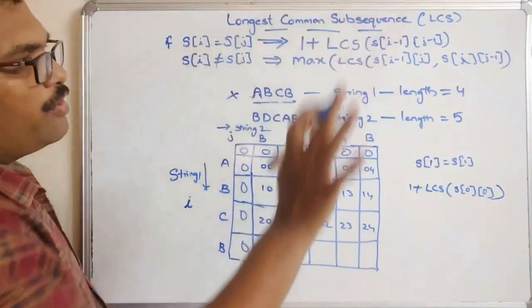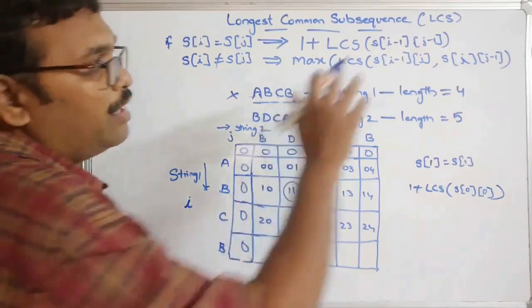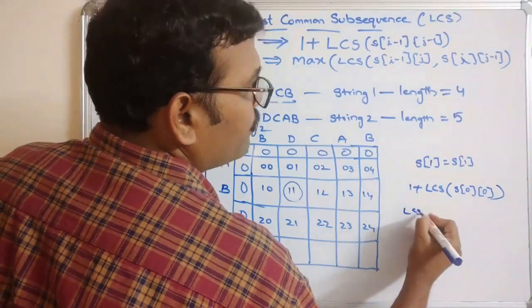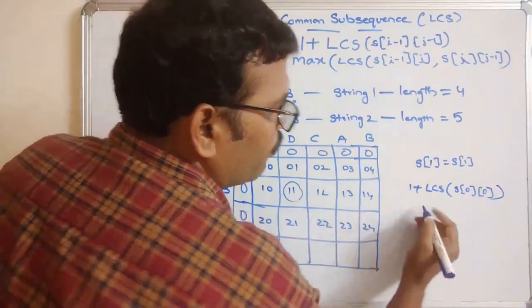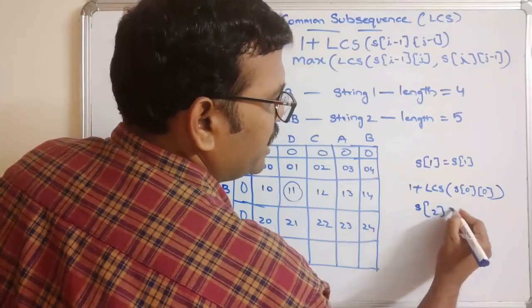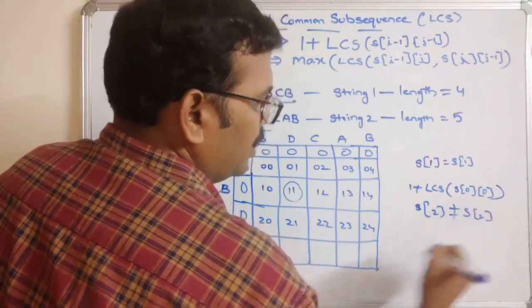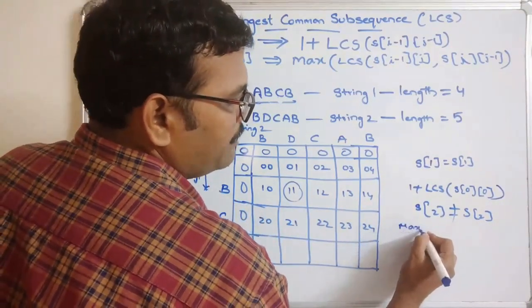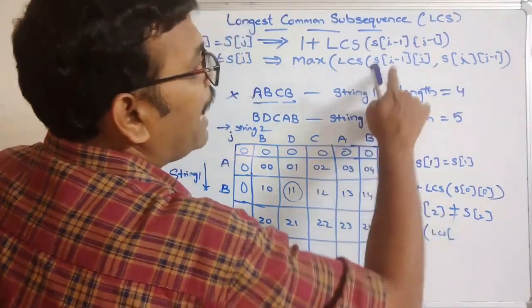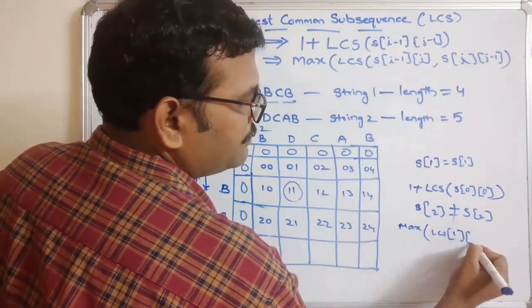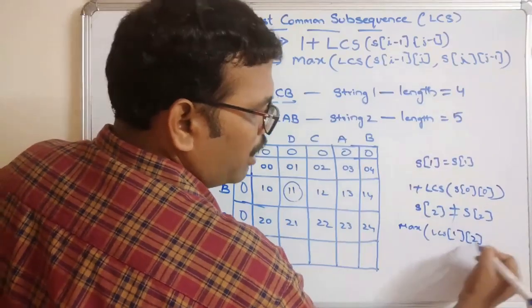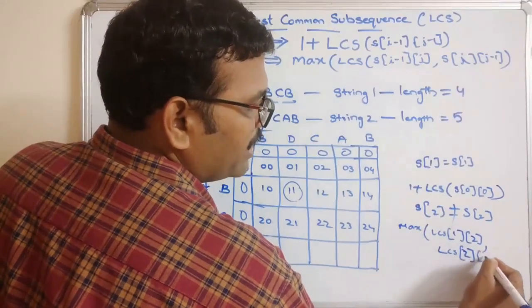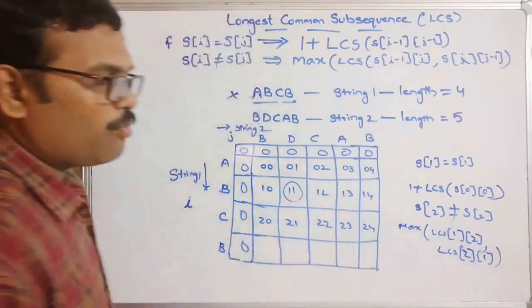For example, if it is not equal, then what we have to do? Let us take S of 2 and S of 2, consider this one. We need to take the maximum of LCS of i minus 1, j, that is 1, 2, or LCS of i, j minus 1, that is 2, 1. So we need to consider 1, 2 and 2, 1.